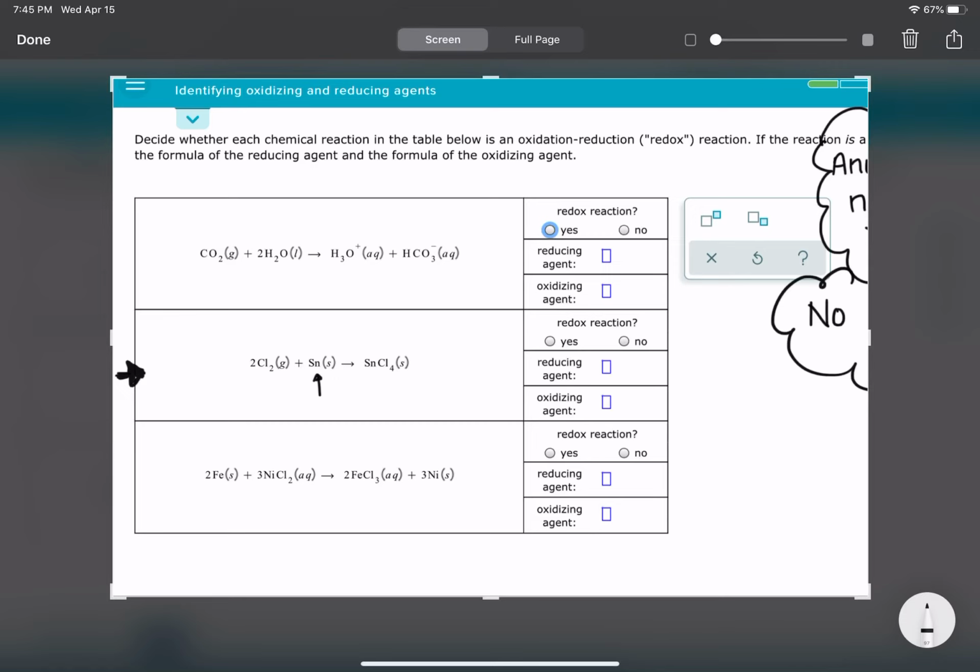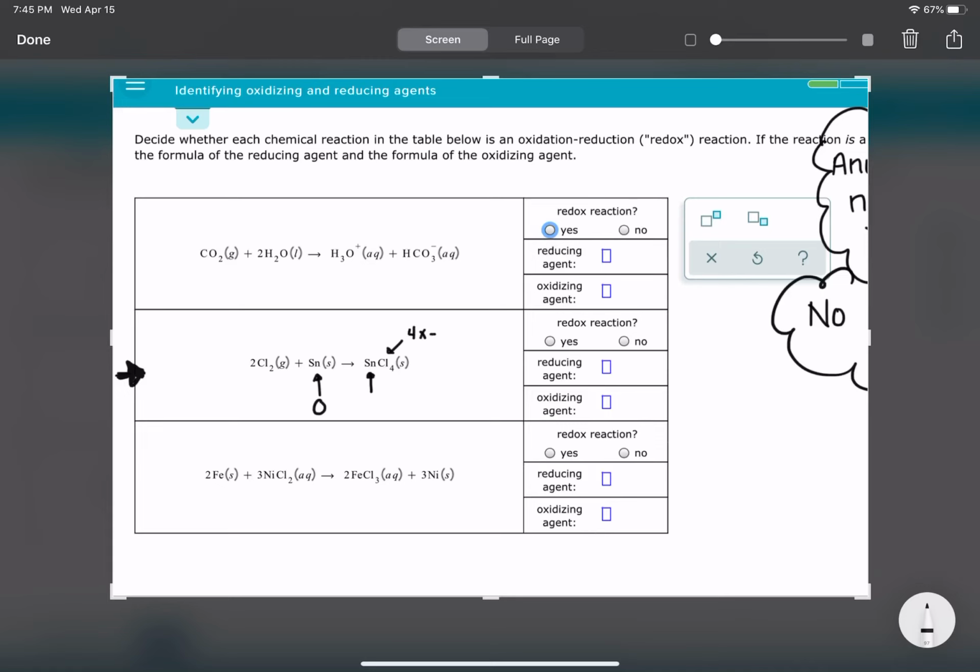That's going to be something that's really easy for us to work with because we know without thinking that its oxidation number is 0. Anytime you see a metal all by itself, uncharged, its oxidation number is 0. So then what I'm going to do is go to the other side of the equation and look at tin again and assign the oxidation number for this tin. This tin is with 4 chlorines.